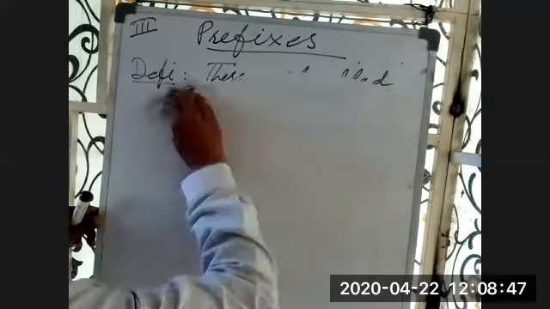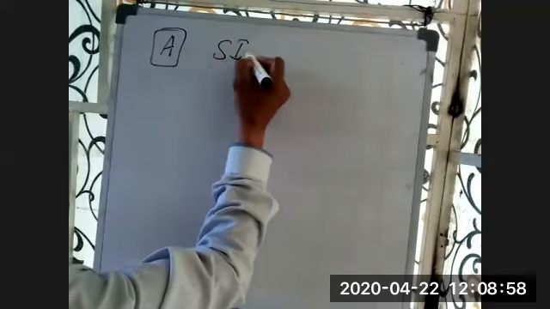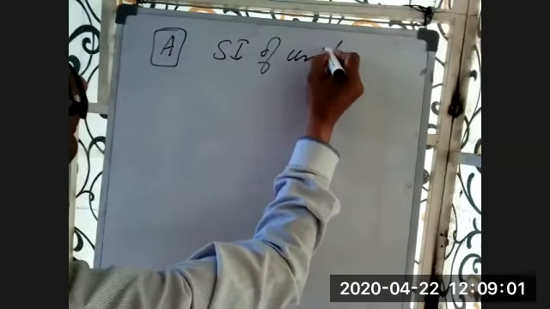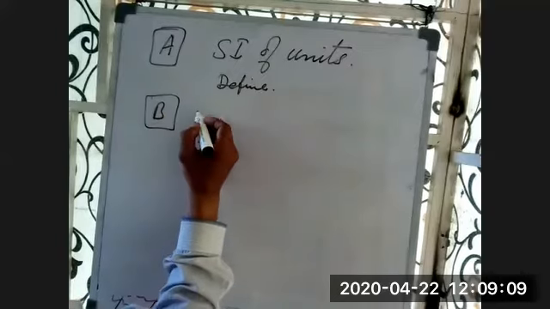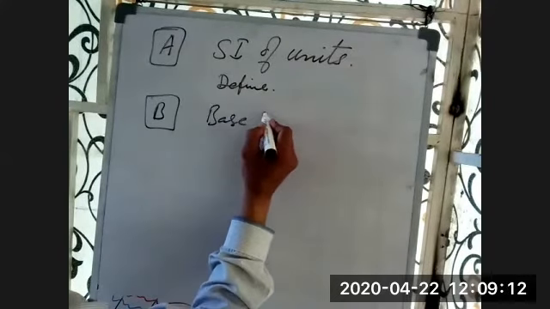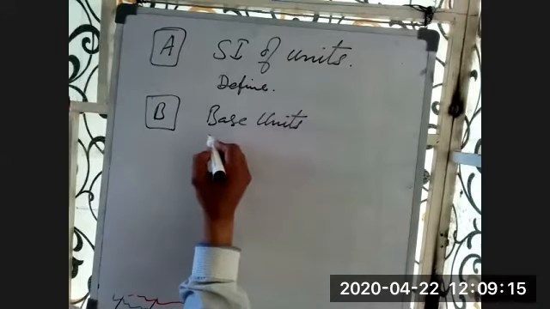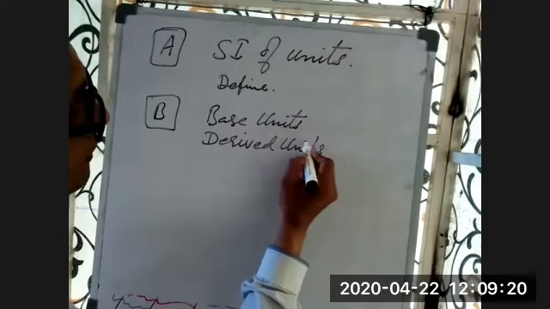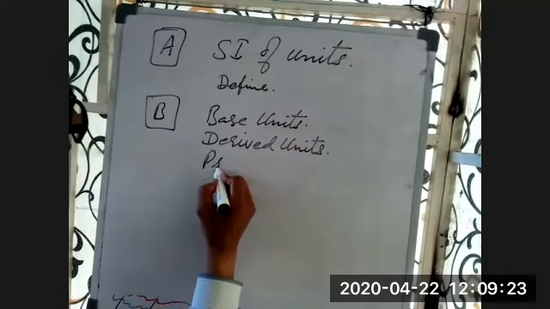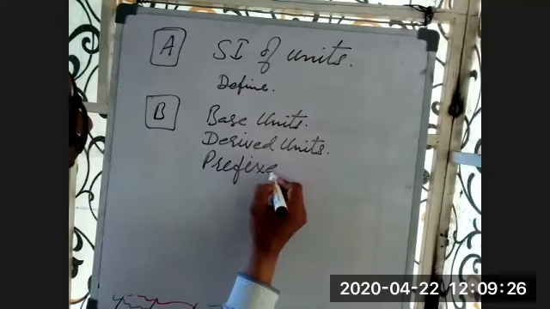I am writing a kind of memorizing task for you. What is task number 8? SI of units. What you will do? Define. Number B, base units, derived units, prefixes.